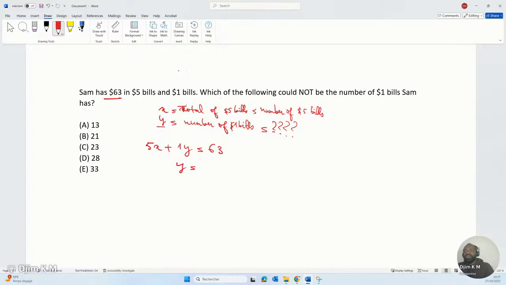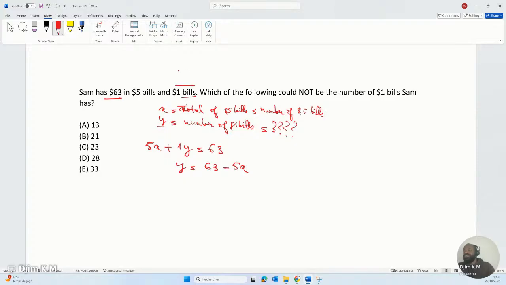So y will be equal to 63 minus 5x. Okay. Since we are talking about $5 bills, this needs to be integers.